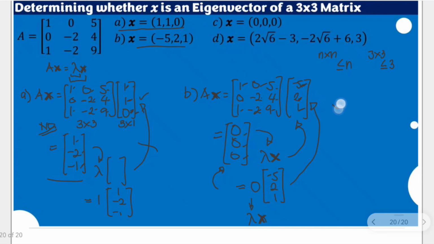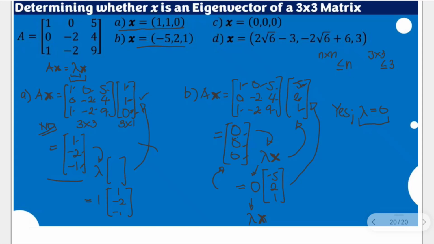This means yes, we are going to accept this one, where our lambda is 0, or this is the eigenvalue of the eigenvector negative 5, 2, and 1. It's possible here because even if the result is 0, 0, 0 and your vector is non-zero, you can take a 0 scalar for your lambda and still get the same result.